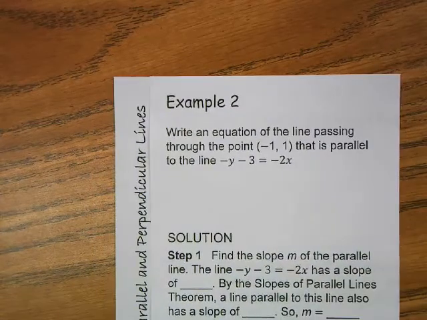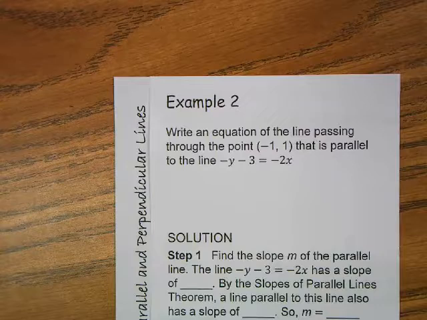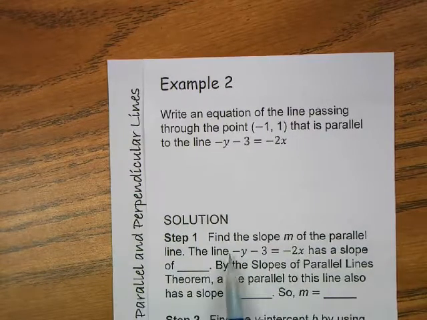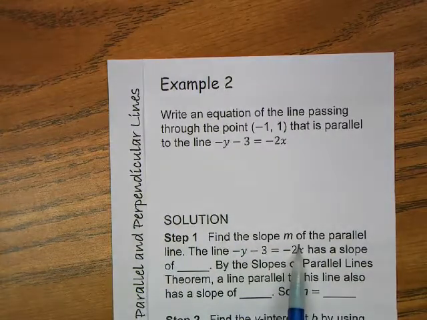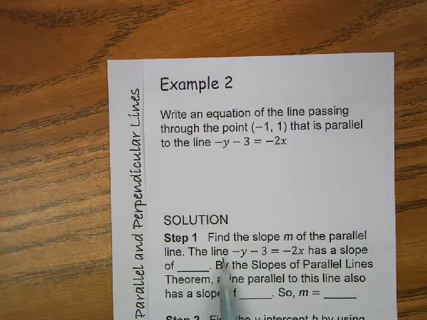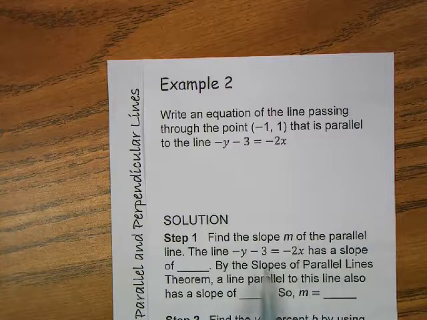So example 2, write the equation of the line passing through point -1, 1 that is parallel to the line -y minus 3 equals -2x. So your first step is to find the slope of the parallel line. The line -y minus 3 equals -2x has a slope of blank.